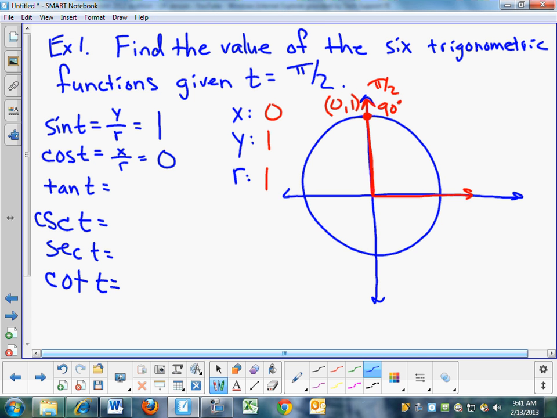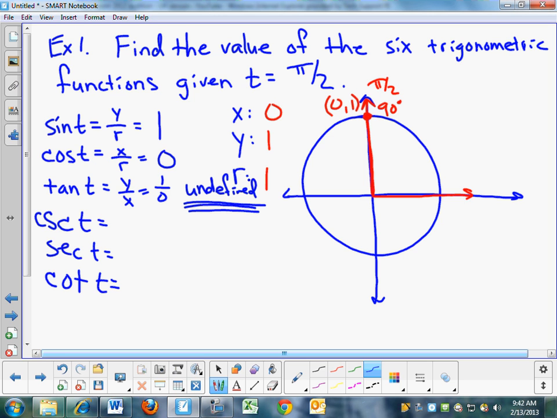Question? No, we'll see that in a second. Tangent is going to be y over x, right? Or 1 divided by 0. What happens when you have 1 divided by 0? Undefined. So our answers were 1, 0, and undefined.